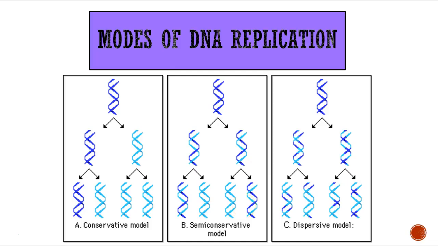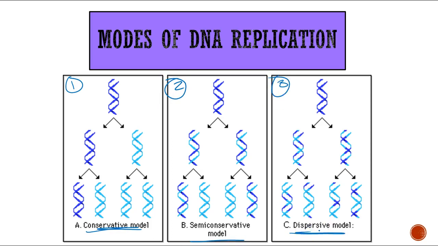Now we know from our studies of biology that there were three main ideas on how DNA was believed to replicate. The first is the conservative model, the second is the semi-conservative model, and the third is the dispersive model.